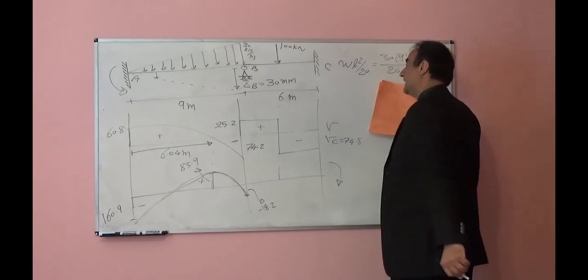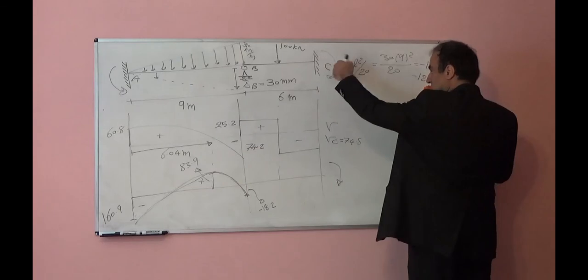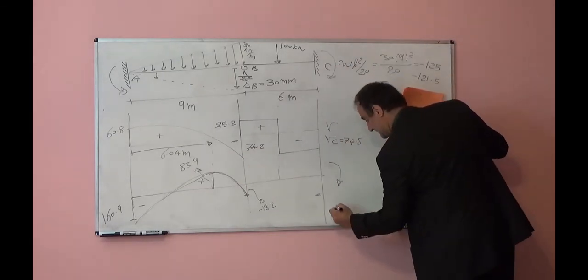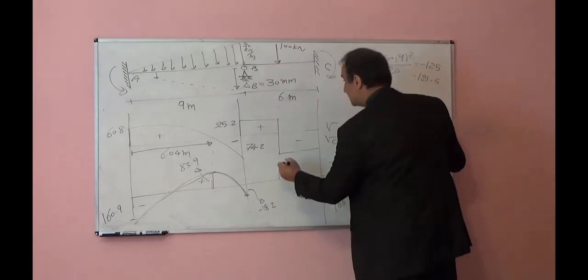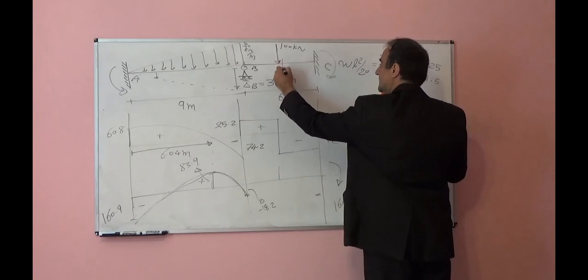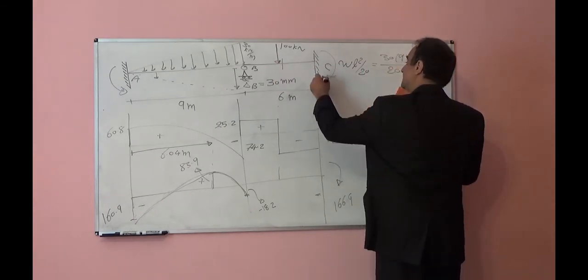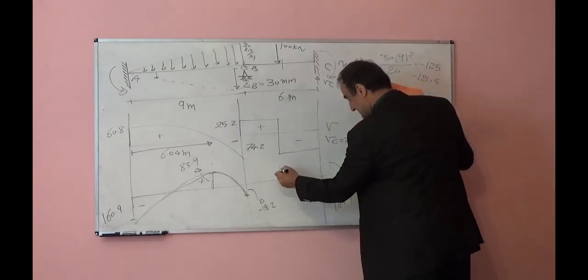Here you will apply the reaction MCB, clockwise creates compression, so negative 166.9. If you move from this side, cut just before this, take moment, and because you have VC here as well, you will see you will reach the positive.